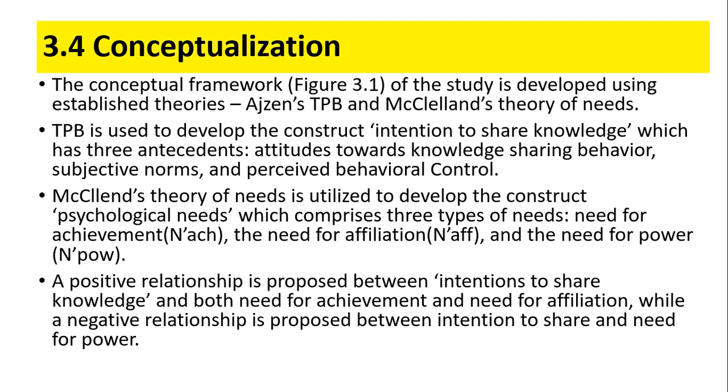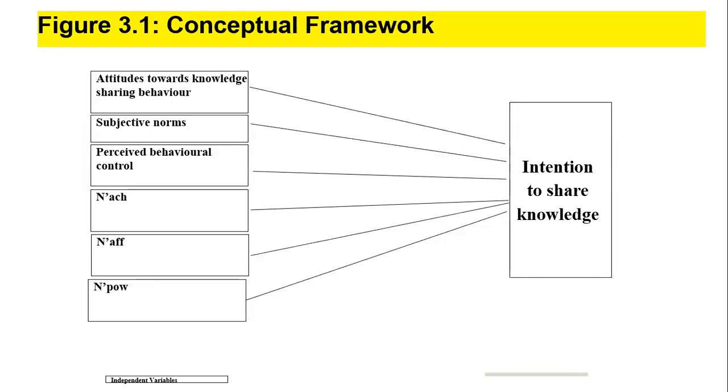Then the theory of planned behavior is used to develop the construct intention to share knowledge. If you go through the conceptual framework here, there are two categories of variables. I didn't use a moderating variable or intervening variable.